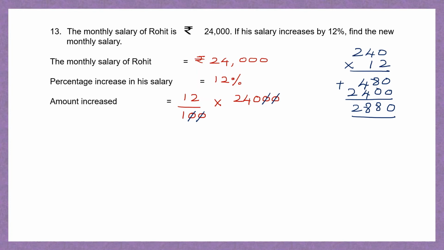Now we need to find his new monthly salary. The new monthly salary will be the original monthly salary, which is 24,000. So that's 24,000 rupees plus this amount that has increased, which is 2,880. So this will be his new salary.